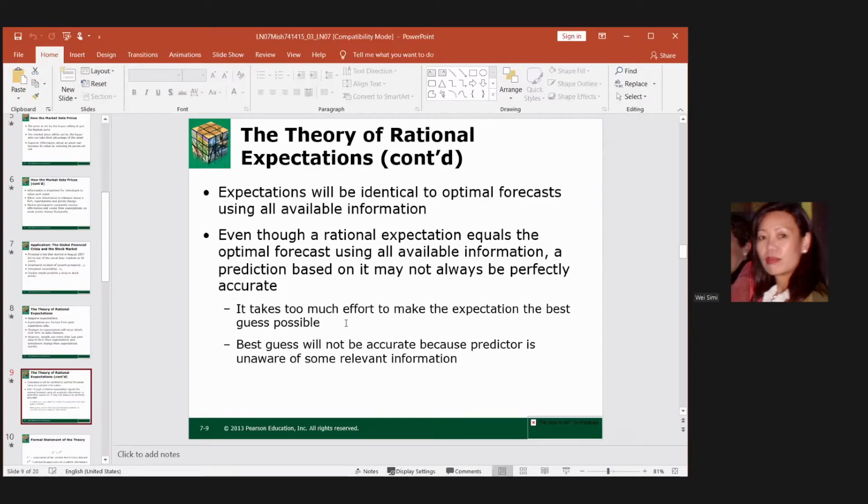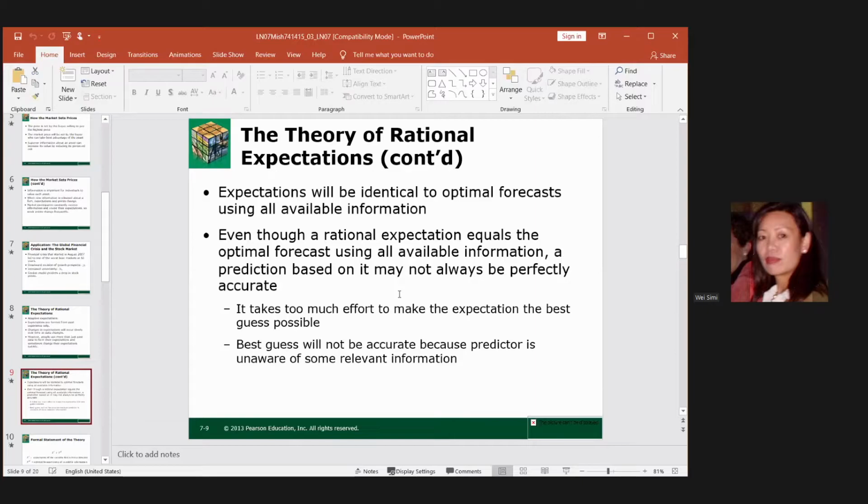So remember, when you do all the calculation optimally, when you do optimal forecasting, that's your best guess. Based on what the system gives you, that means, okay, 20% return. No matter what you do, you just do the best you can, the best guess possible. But the best guess will not be accurate because the predictor is unaware of some relevant information.